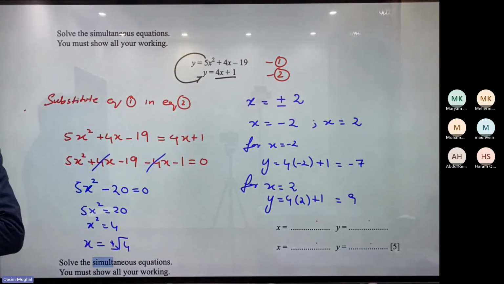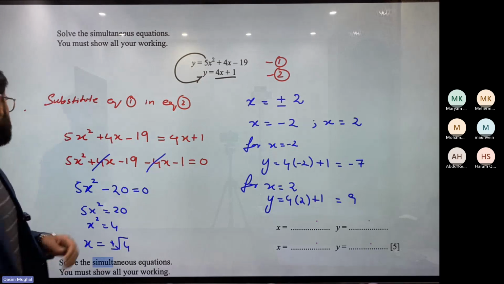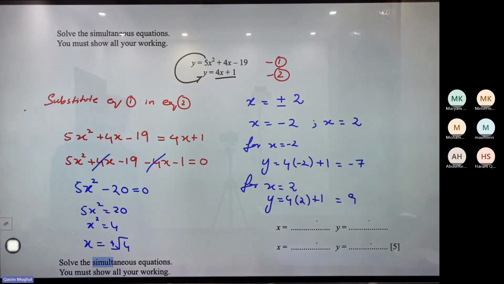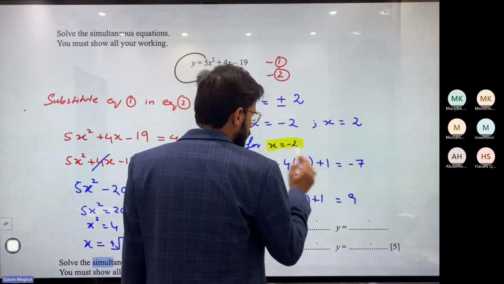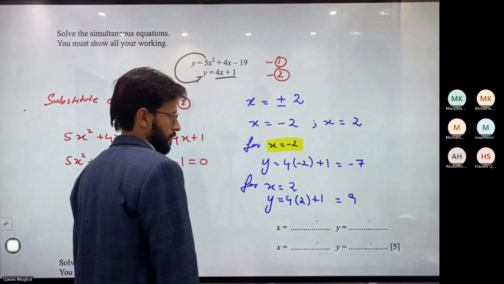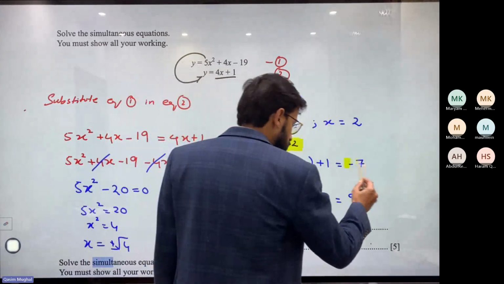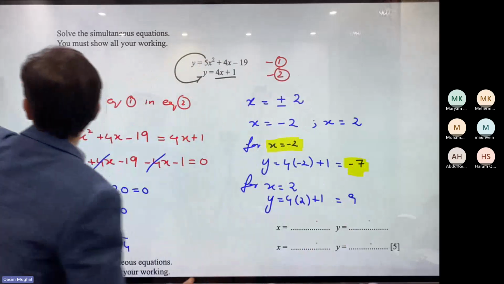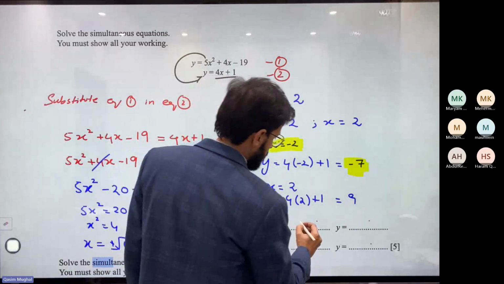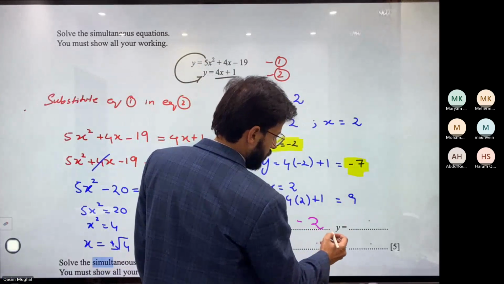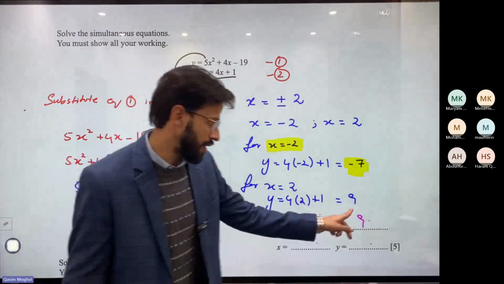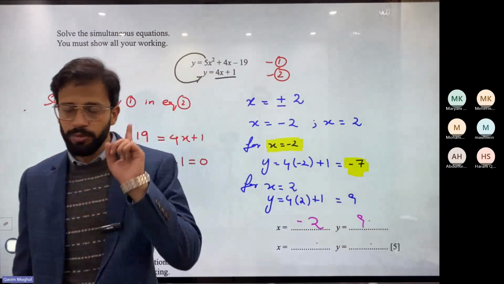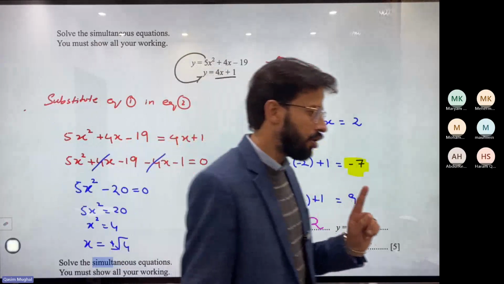सॉल्व तो हो गया. अब पेयर बनाना है मुझे. यहाँ पे अब एक और मिस्टेक आती है. When x is minus 2, what is y? That's one pair. Do not write in your answer space as minus 2, comma y as 9. क्या आपका y 9 आया हुआ इधर नहीं? That will be wrong. That will be wrong.